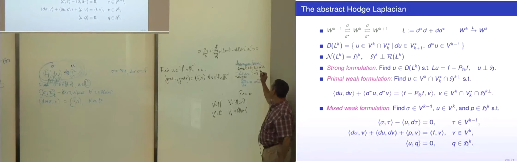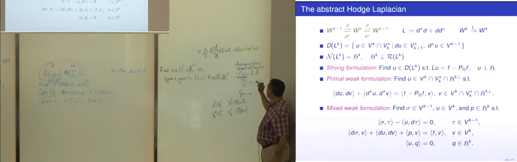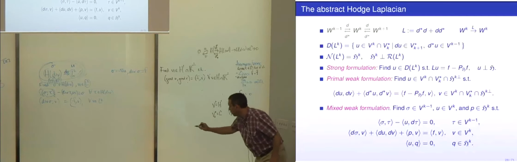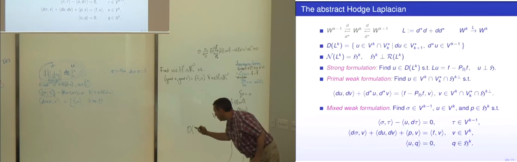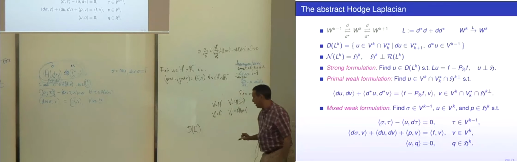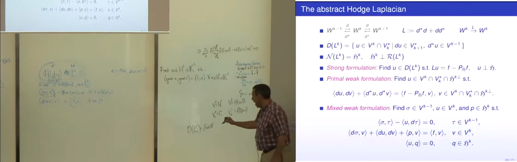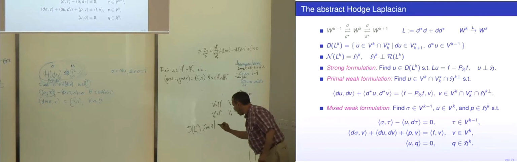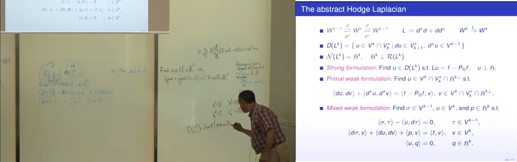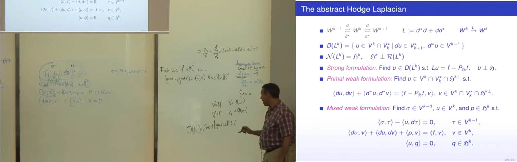And when I say find u and du dn, what I really mean is to say, so the domain of the Laplacian, the zero Laplacian in this case, is the things in H1 that are also in L2, and then d of u, that is grad u, is in H0 div. And the d star of u is 0, so we don't need it.